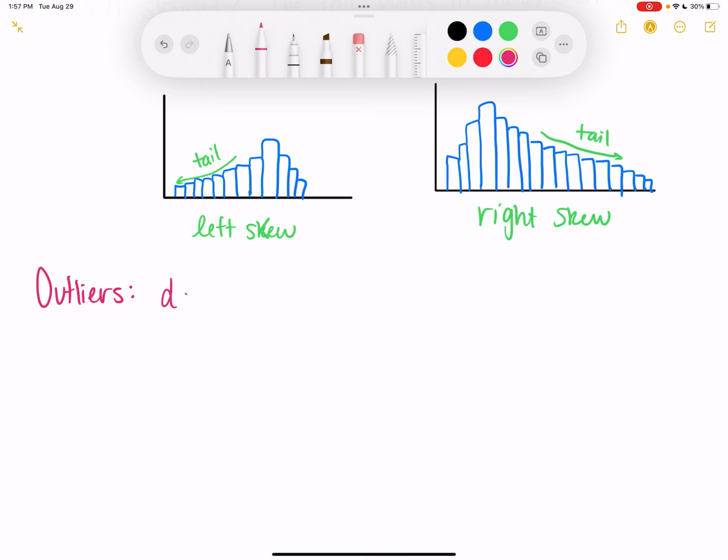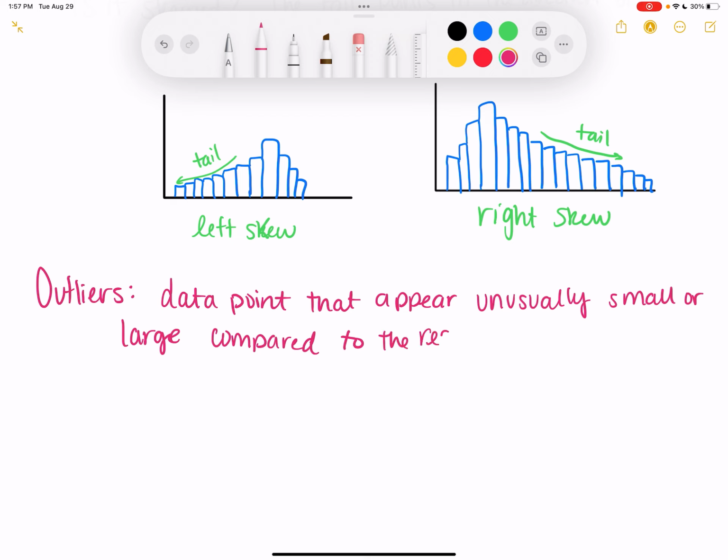Outliers: data points that appear unusually small or large compared to the rest of the distribution.